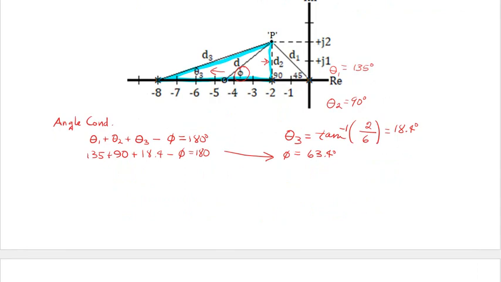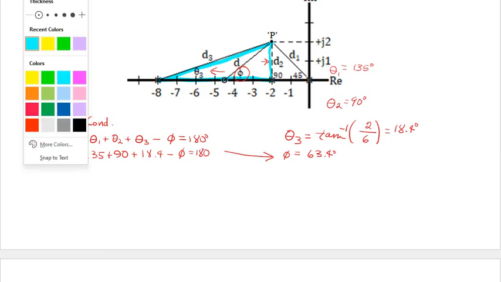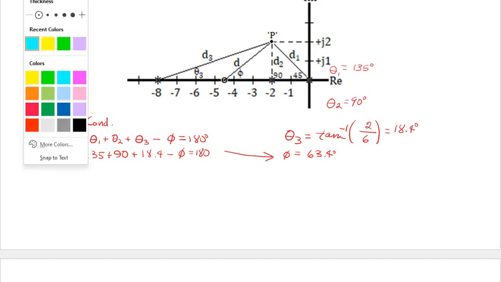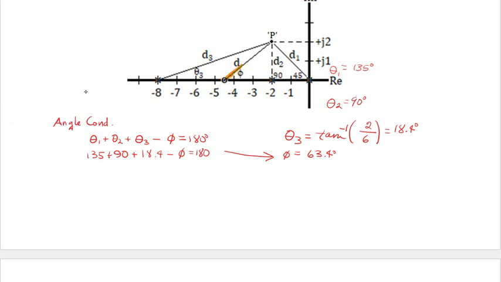First of all, let me erase this stuff again, and let's look at the angle for phi. I'll use this orange here. So this is the triangle we're going to use.